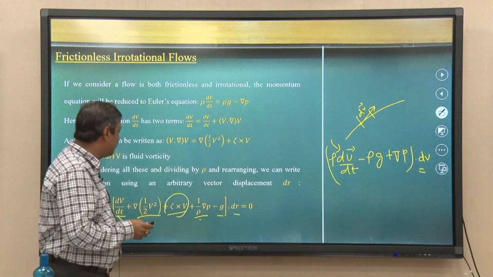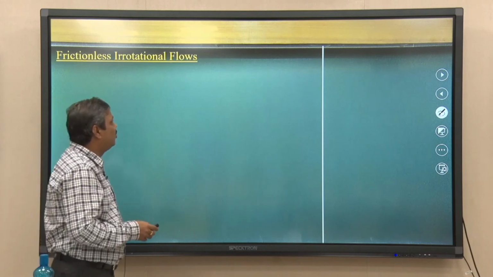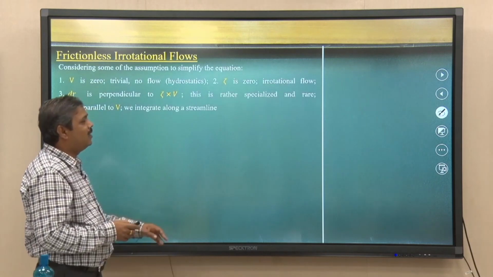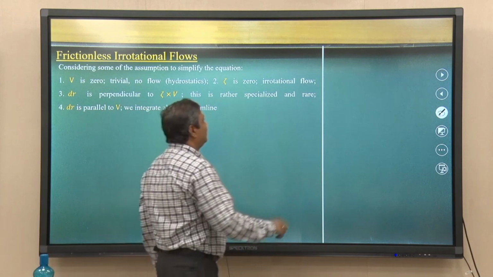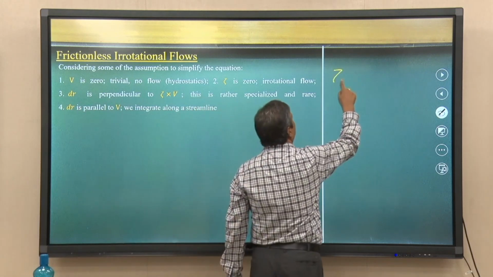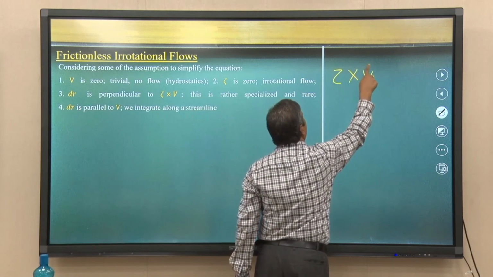These terms play the major role in saying under which conditions the cross product of curl and V vectors is 0.